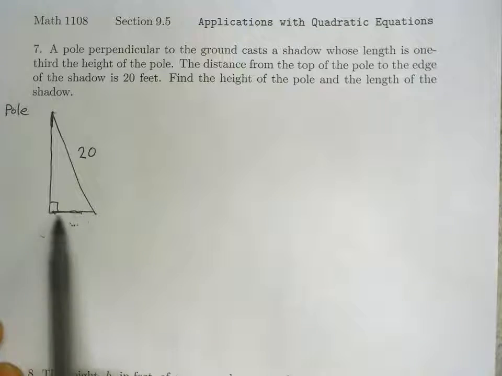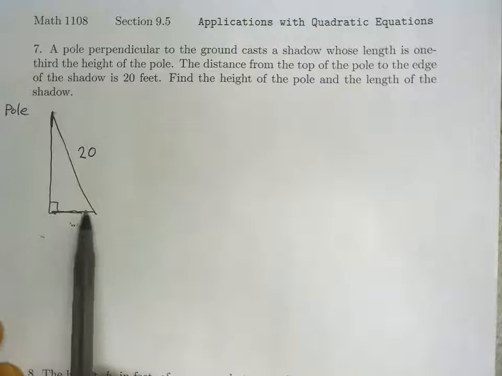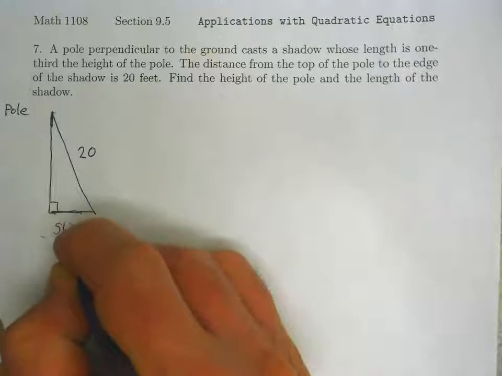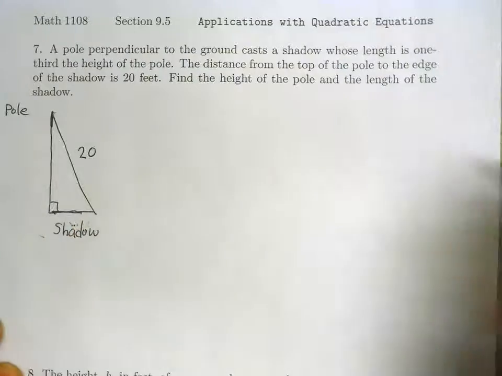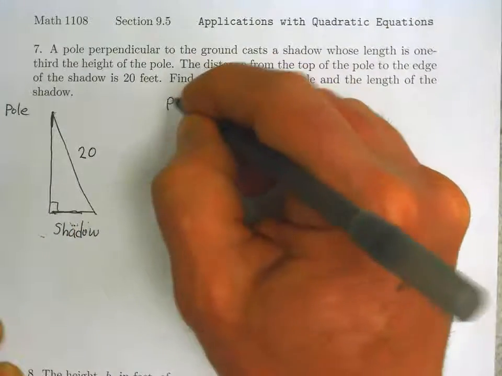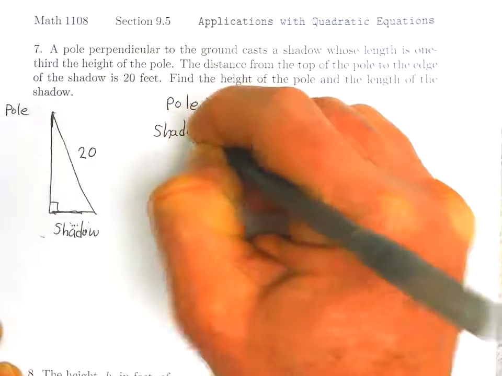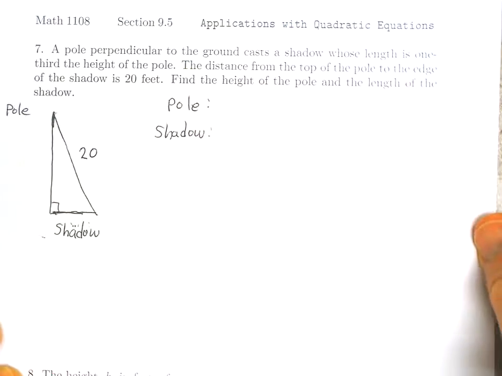Okay, so this is a right triangle, and we're going to be able to find the height of the pole and the length of the shadow by using the Pythagorean theorem. But let's make our variable assignments first. So the pole and the shadow. We can do it in more than one way.